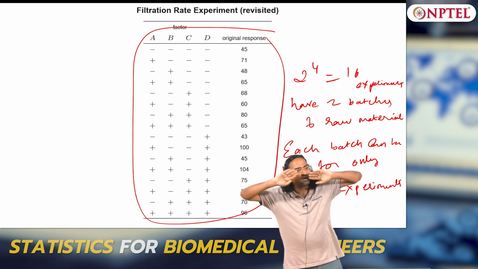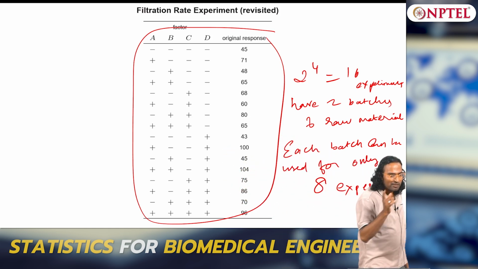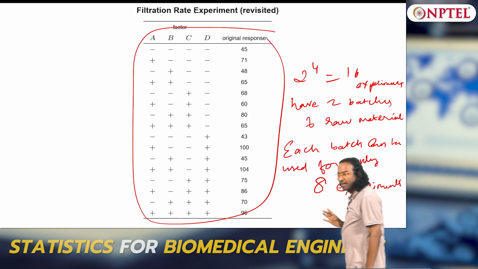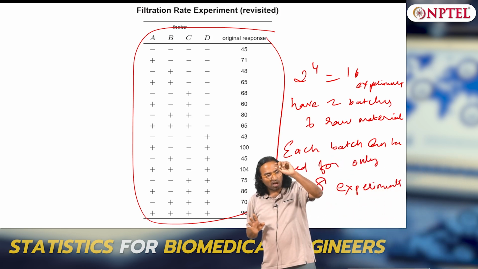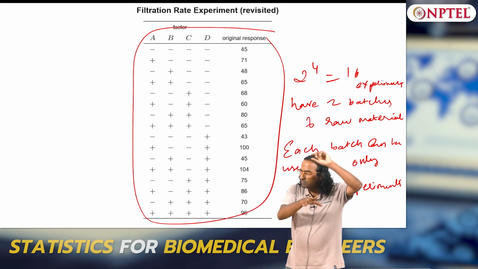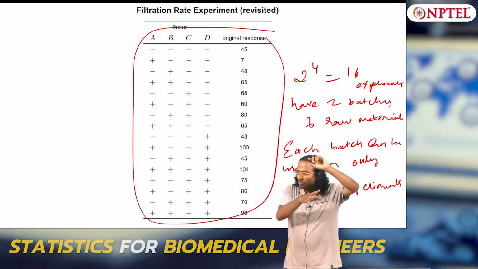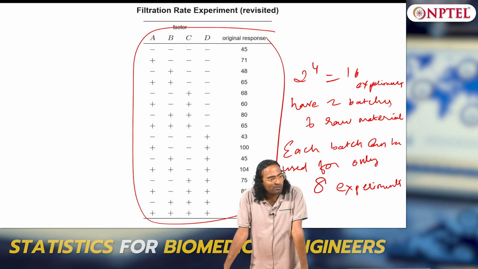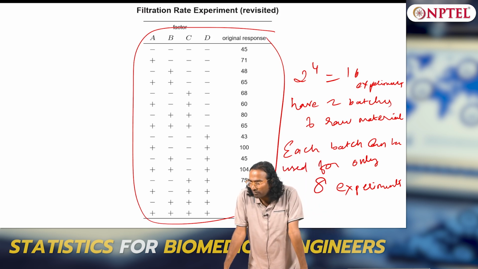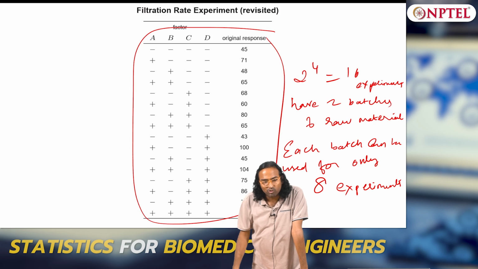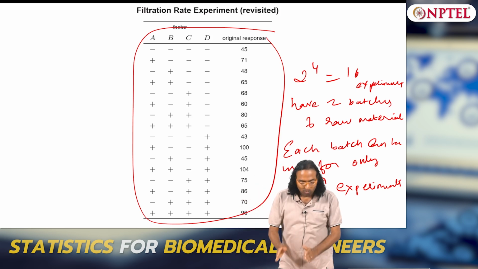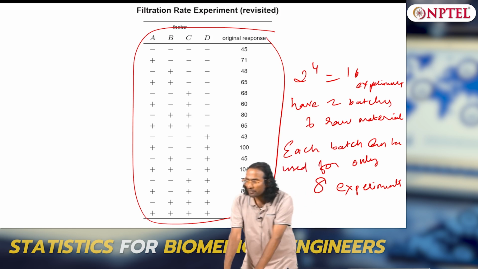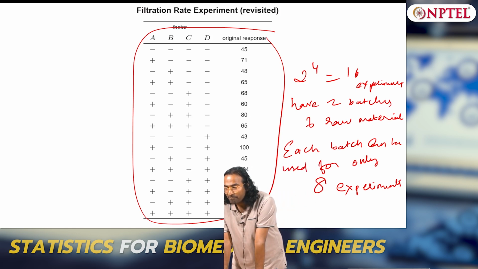Remember, go back to your basics RCBD, that is why the fundamentals become important. When you talk about RCBD, complete block design, for each block you do all the experiments, all combinations. Same here, if you want to discount the effect of batches, meaning disregard, you have to conduct all sets of experiments with batch A and all sets of experiments with batch B as well.